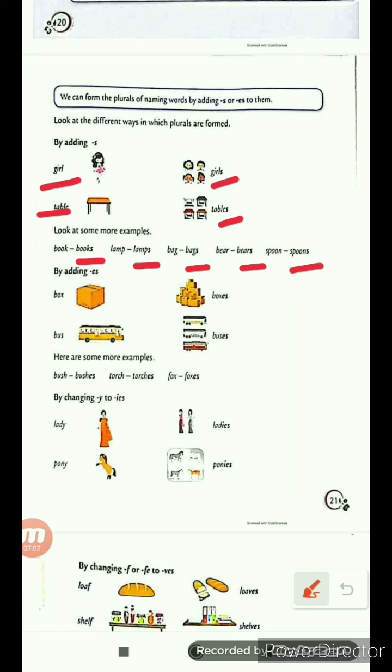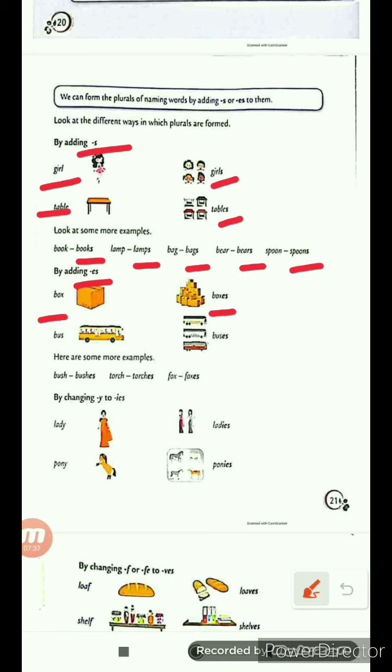Next, by adding es. We have done s, now we are doing es. So box, boxes. When we are making it plural, we are adding es. When the word ends in certain letters, we add es to make it plural.